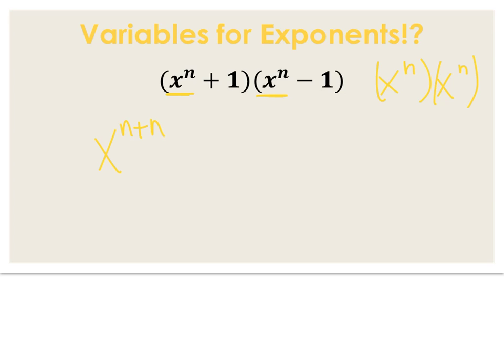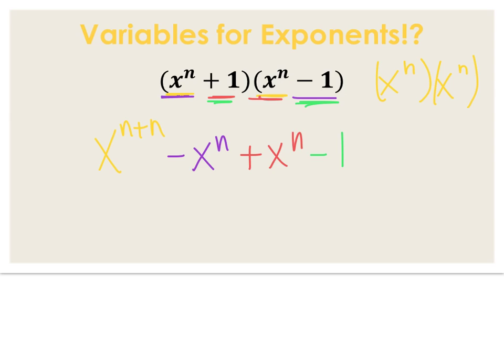So that's first, and now I'm going to multiply my two outer pieces together, and that gives me negative x to the n power. Then I'm going to multiply my two inner pieces together, and that gives me a positive x to the n power. And then last but not least, I'm going to multiply my last pieces together, which gives me negative 1.